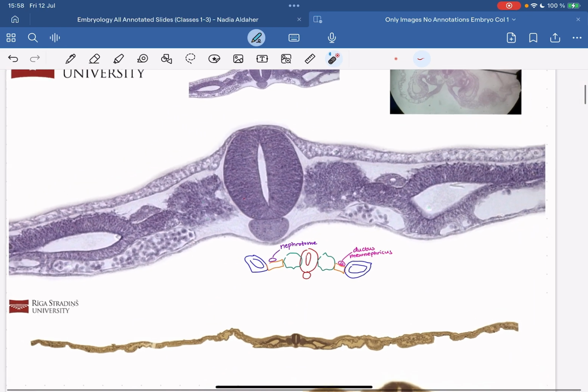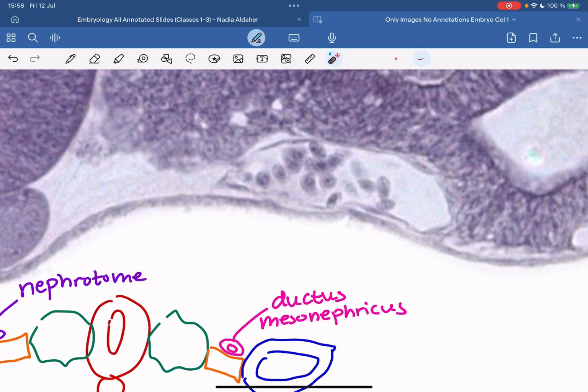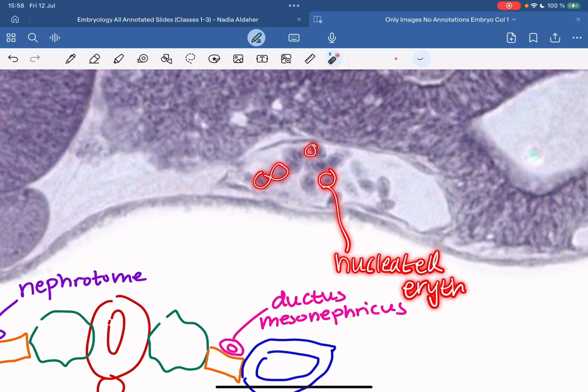Now, how do you differentiate this opening, the aorta dorsalis, from the intraembryonic coelum opening? The aorta dorsalis is unique because it includes all of these nucleated cells, called the nucleated erythroblasts. And this is a very colloquium-prone structure, I would say.